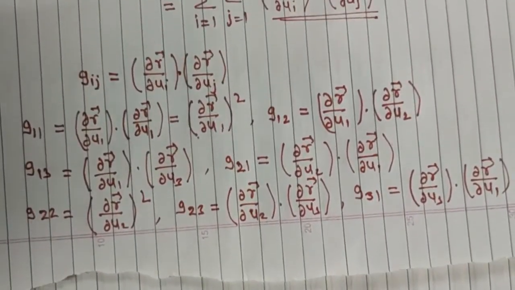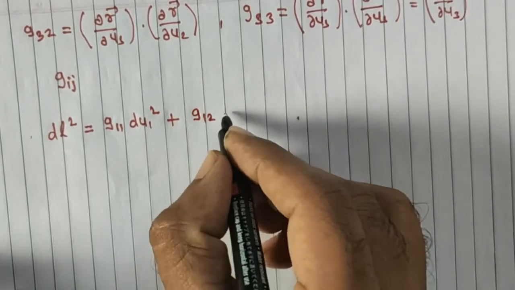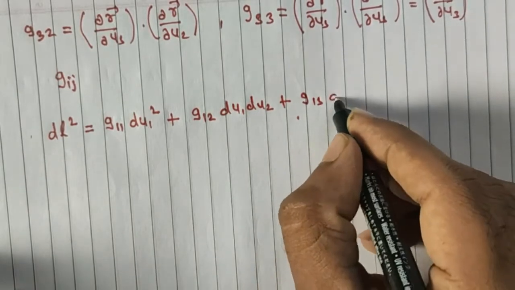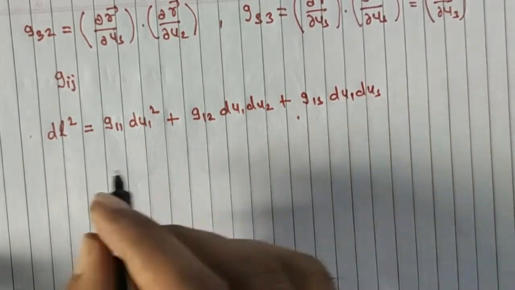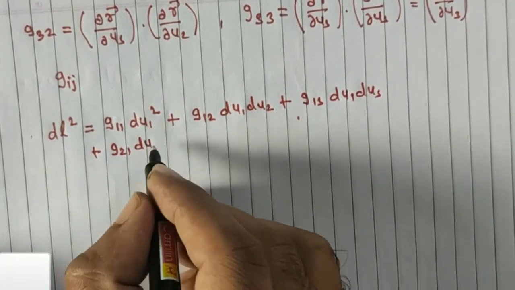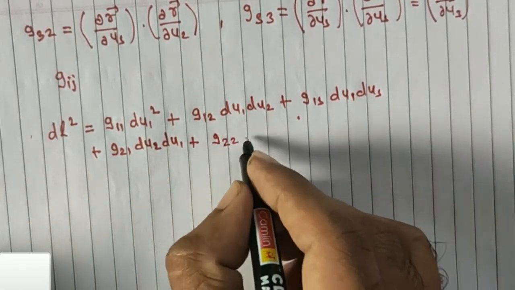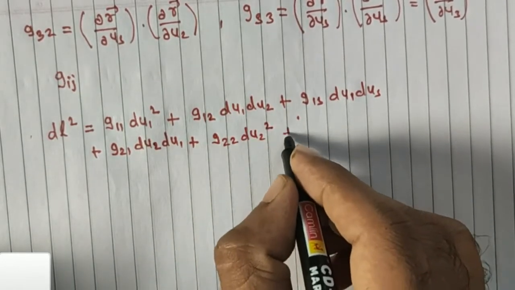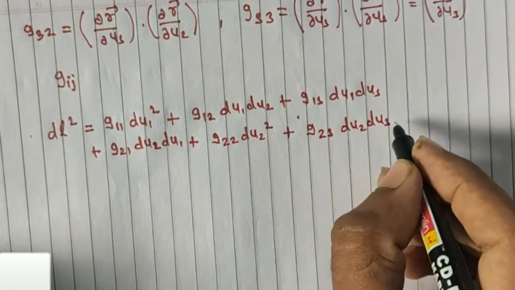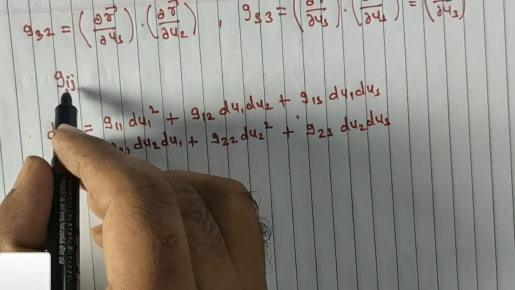So g12 du1 du2, g13 du1 du3 plus g21, now I am going to vary i, du2 du1 plus g22 du2 square, then g23 du2 du3.